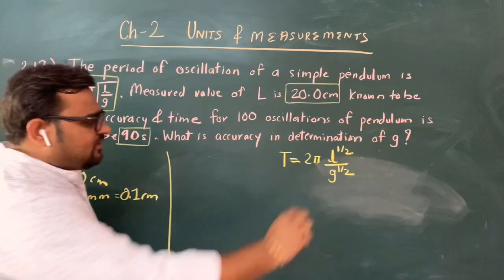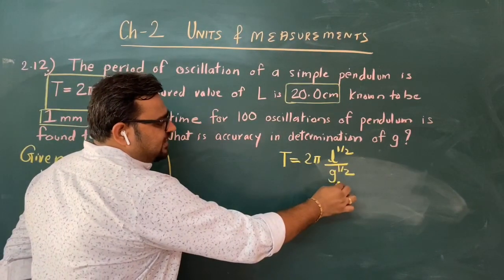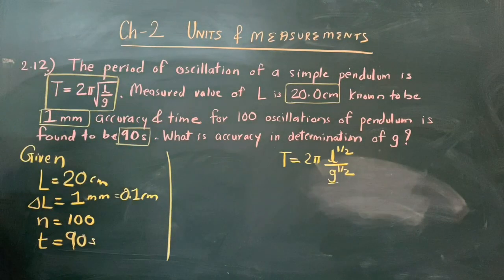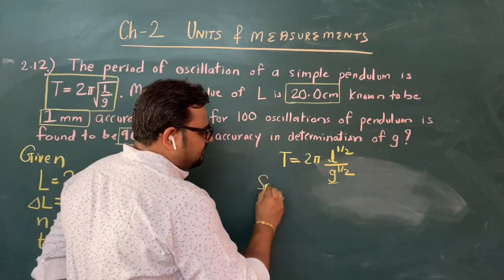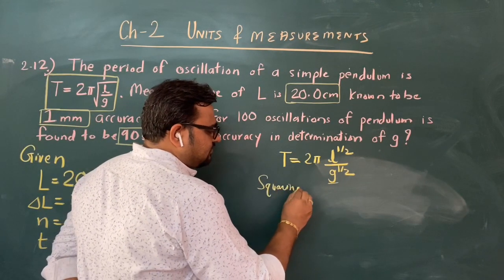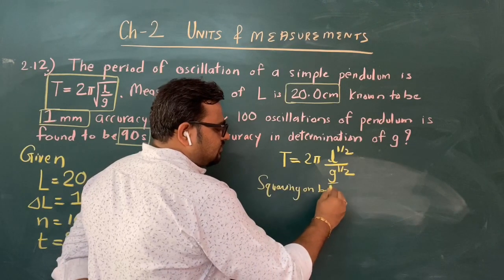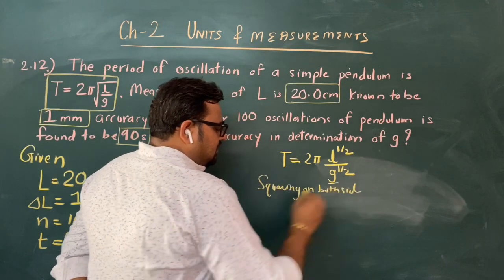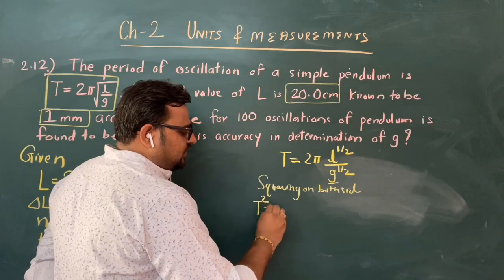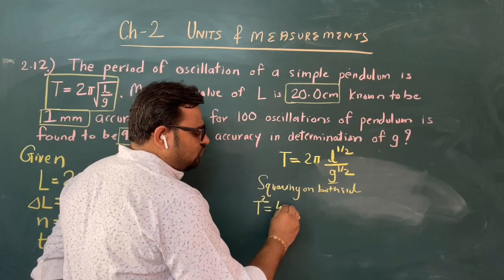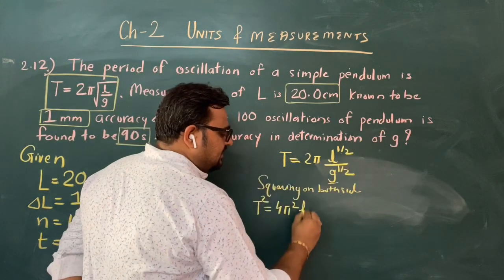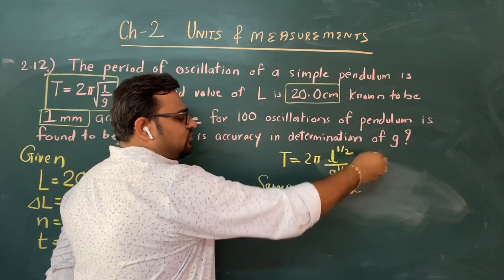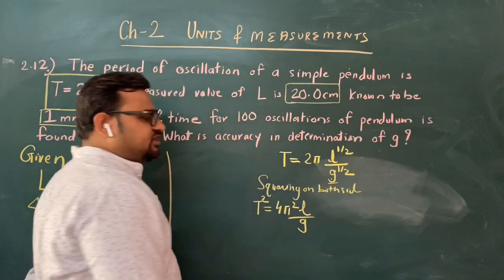Okay, so now what will be our formula? We want to find the error in G. So let's square both sides. I will get T square equal to 2 square, 4 pi square, L raised to 1 by 2 squared, and G raised to 1 by 2 squared.